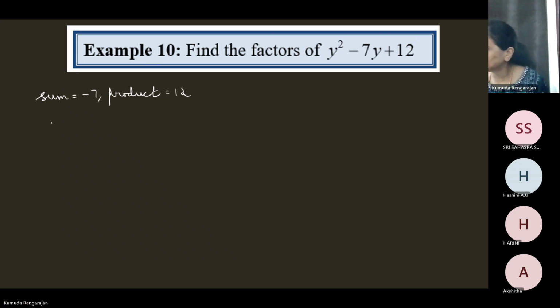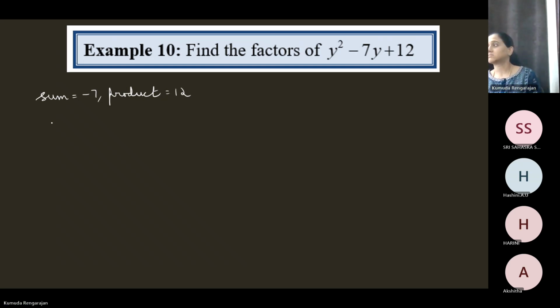Answer? Y minus 4 into y plus 3. Correct, same answer. Y minus 4 into y minus 3.